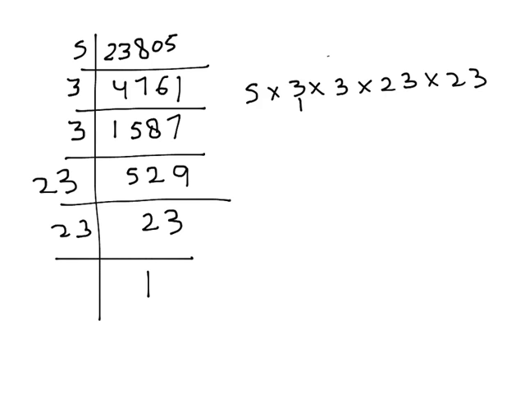So now let's start making the pairs. Here we get 3, here we get 23. But clearly 5 is not in a pair. If we have one more 5, then it can be a perfect square. So what does it mean? We have to multiply by 5 so that it becomes a perfect square.